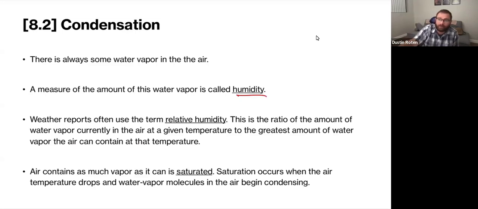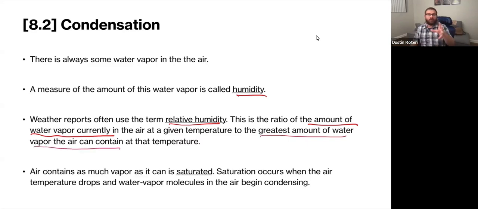You've probably heard of relative humidity, which is usually what weather reports use. The whole idea of relative humidity is essentially the amount of water vapor currently in the air compared to how much it could actually hold, right?